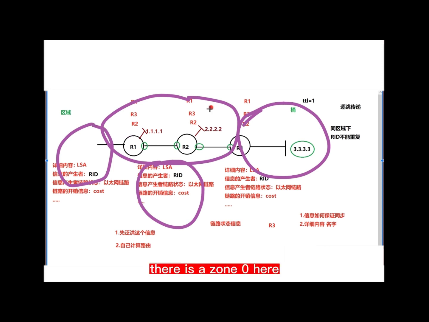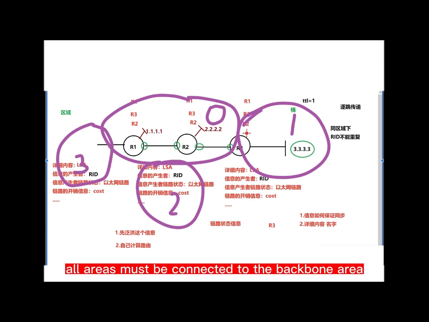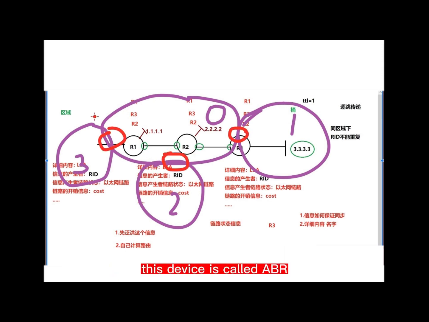There is an area 0 here. This is called the backbone area. This is an area that OSPF must have. Then the other areas can be area 1, area 2, and area 3. All areas must be connected to the backbone area. There will be a device in the middle, called ABR. It is a router at the border of the area.